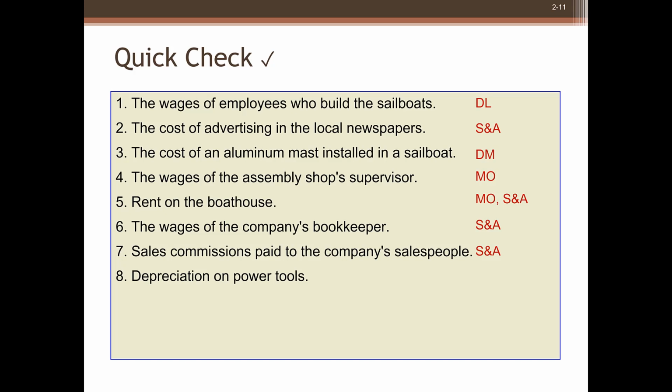Power tools are used to assemble the sailboat, so this is a facility to operate or produce product. Depreciation on manufacturing facilities should be classified as MOH, manufacturing overhead, but not depreciation expense.